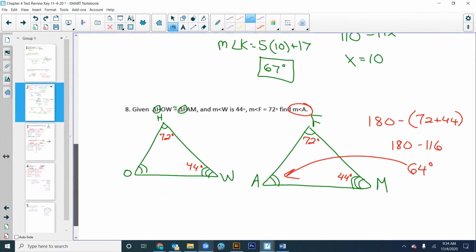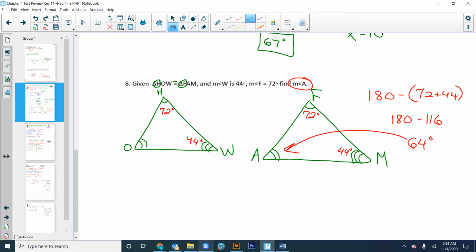All right, number 8. I found the best way to do this one was to draw out the triangles. We know that HOW goes with FAM. If they're congruent, doesn't H have to be the same as F? The corresponding parts. Doesn't W have to go with M and doesn't O have to go with A? And so then I just started labeling things they gave me.